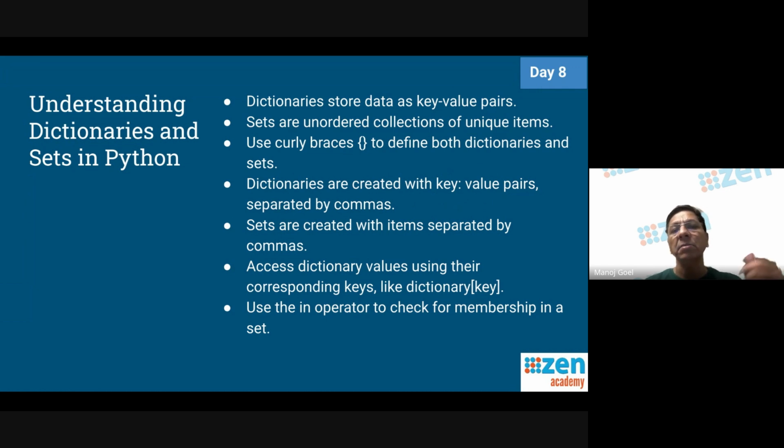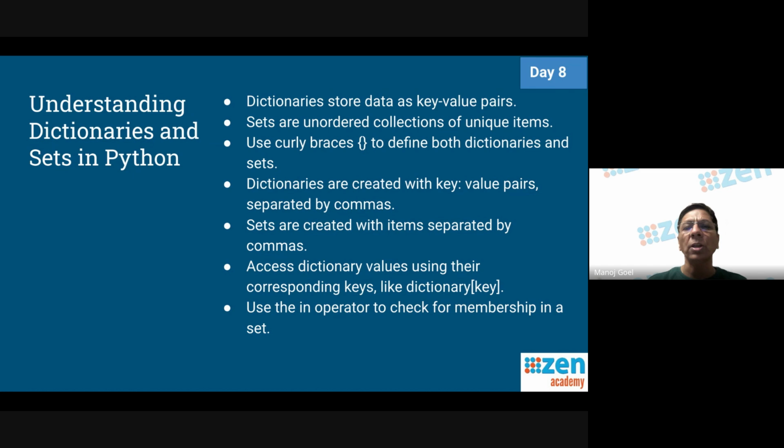And the difference between sets and tuples or lists is that sets are an unordered collection, and there are no indexes. You remember when we were using lists, we were able to access the list elements using an index, like 0, 1, 2, 3, 4, putting it in square brackets.